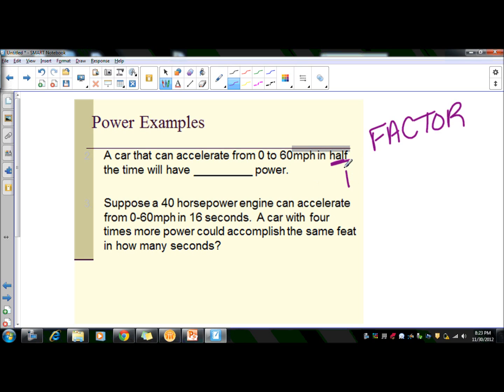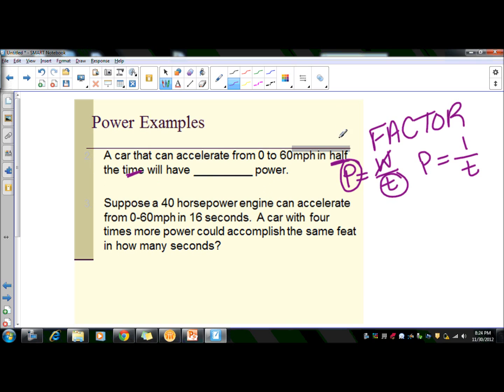So we're going to start with the equation. P equals work over time, so W over T. And what's changing? Well, power is changing, and half the time. So time is changing. Work is not, so we cross that out. We're left with P equals over T, and since nothing's on the top, our placeholder is a 1.